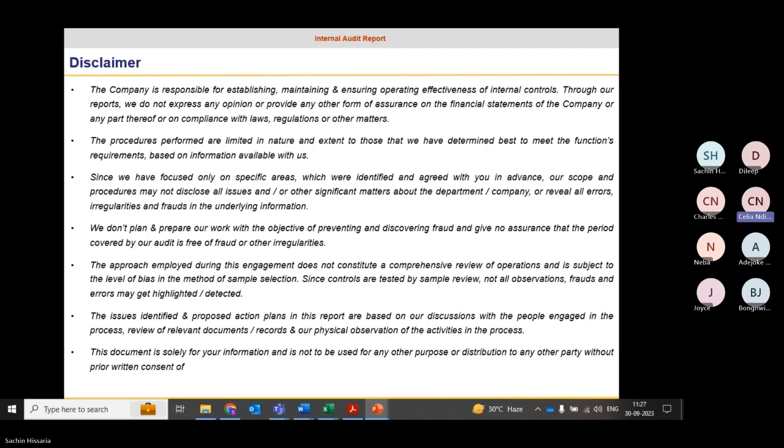I think 2 and 3. I haven't gone through it yet, but 2 and 3 have some disclaimers. You are right, Celia. Absolutely right.